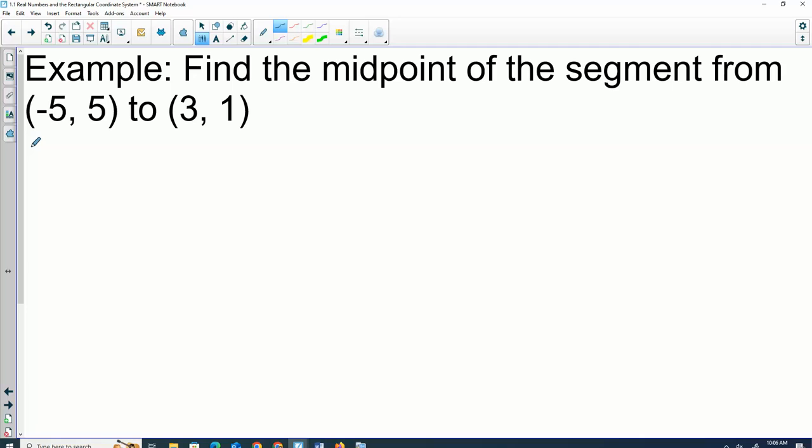Let's take a look at this. I want the midpoint of the segment from negative 5, 5 to 3, 1.